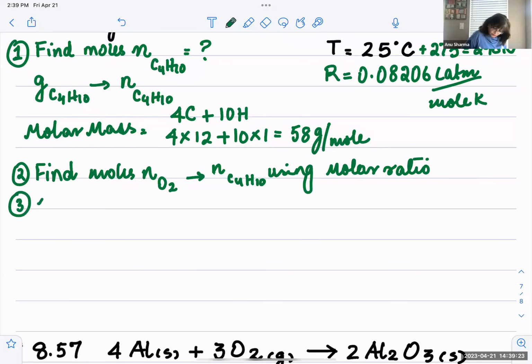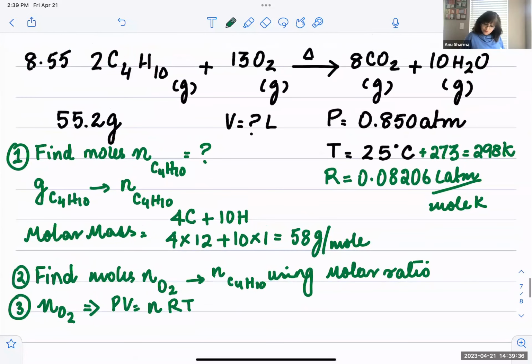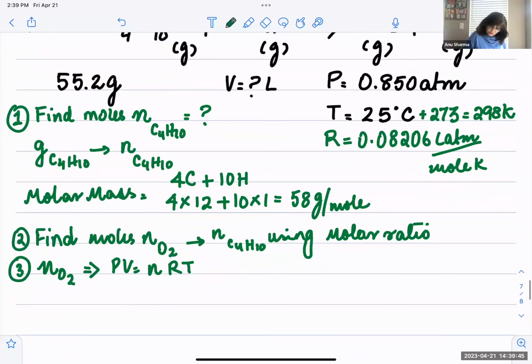Once you get the moles of oxygen, you are going to put this in the formula PV equals nRT. Now we need to find the volume. We got the moles of oxygen, so we can find the volume.